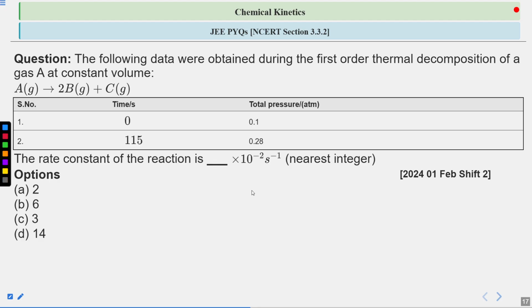This question was in the 2024 JEE examinations. The options provided are 2, 6, 3 or 14. You have some time, so try to solve this and then we will see the correct answer.